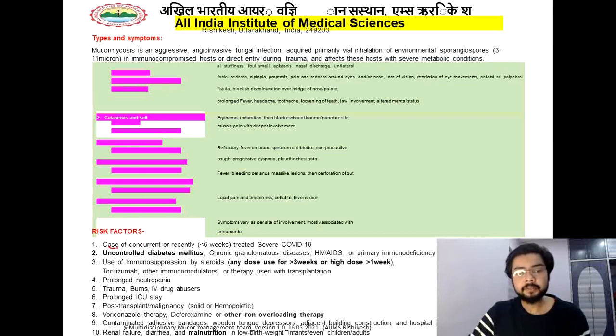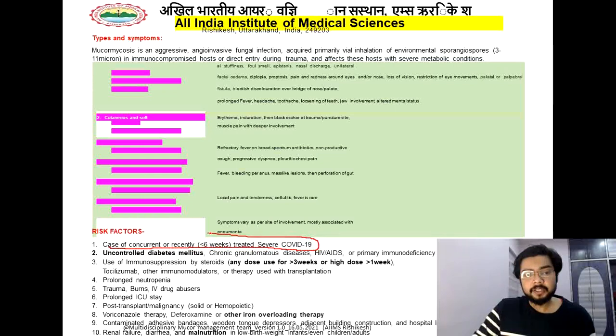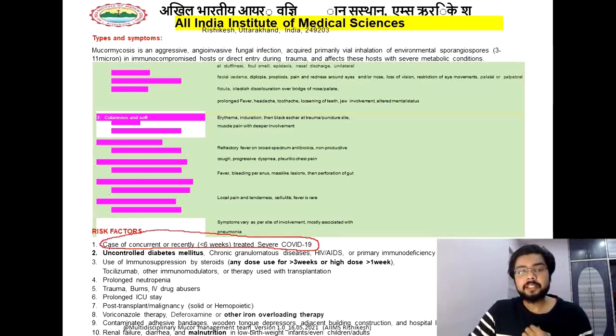If there is a case of severe COVID-19 recently treated, that means less than 6 weeks. Why severe? Because these severe patients must have got steroids, they must be in an immunocompromised state, so there is a risk of them getting mucormycosis.